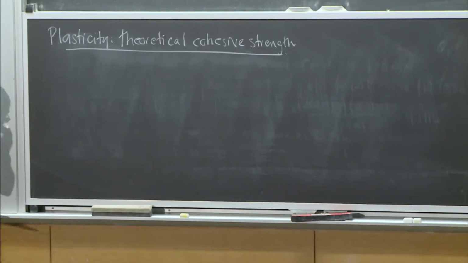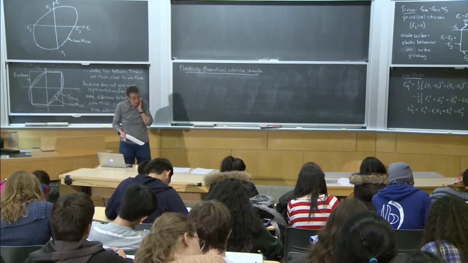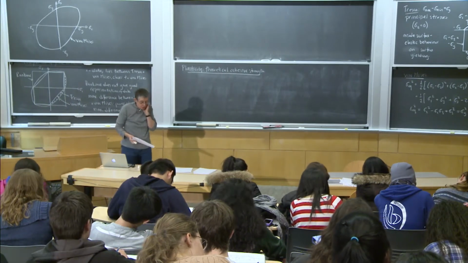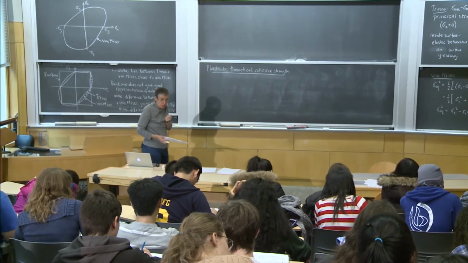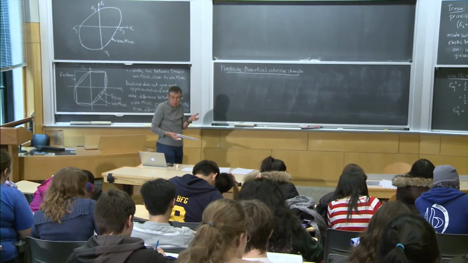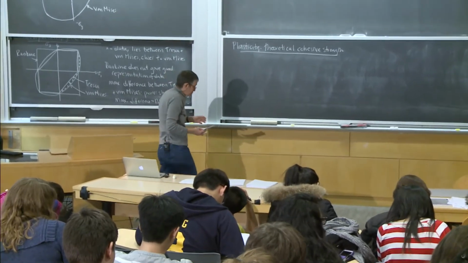You remember when we talked about the elastic modulus, we talked about the interatomic energy separation curve, and we differentiated that to get a force separation curve. And you can think of the force separation curve in terms of stress and strain.